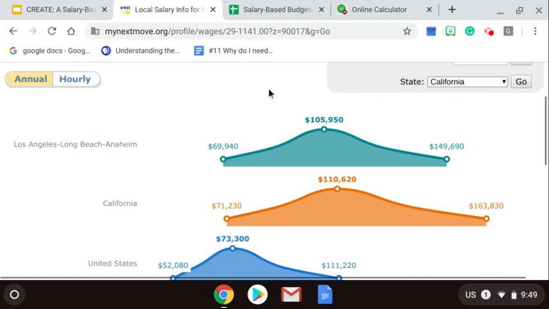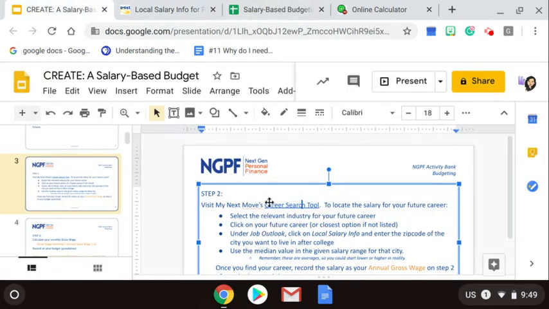In those areas you would get paid more. This is particularly for Los Angeles, so the middle pay of nurses would be 105,950.